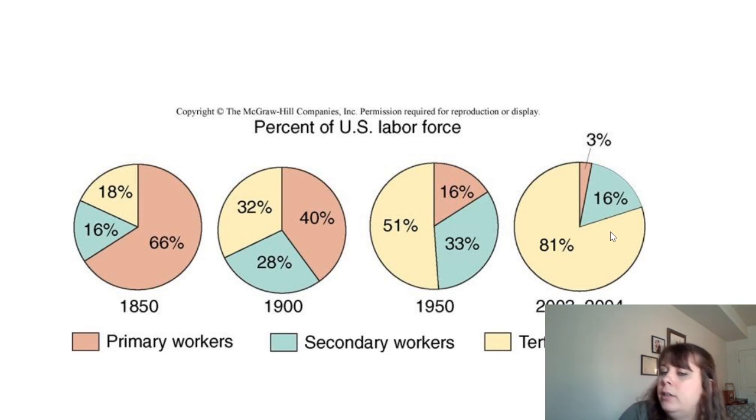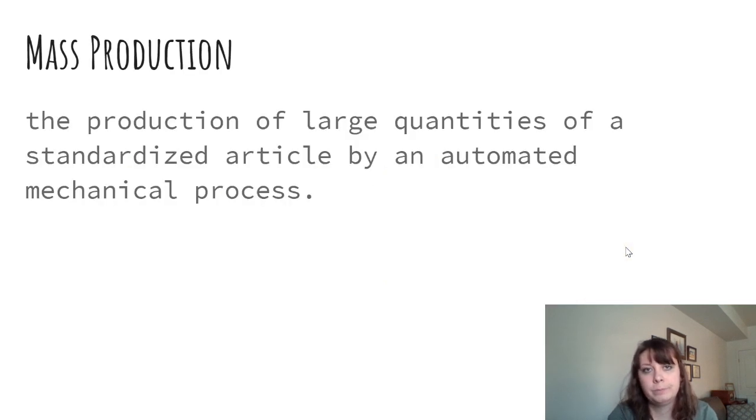And then, when you guys were born roughly, tertiary is 81% of the U.S. labor force. So, right, that shows, at first over here, you could say 1850, we were a less developed country in a way, and then the Industrial Revolution happens, and we're developing right here, and developing into most developed.